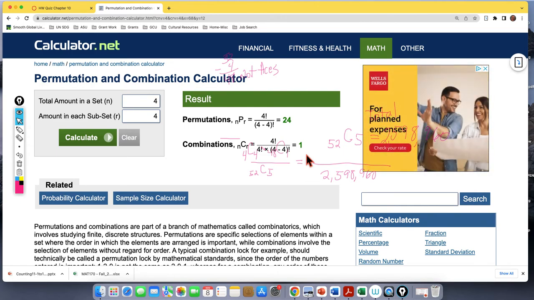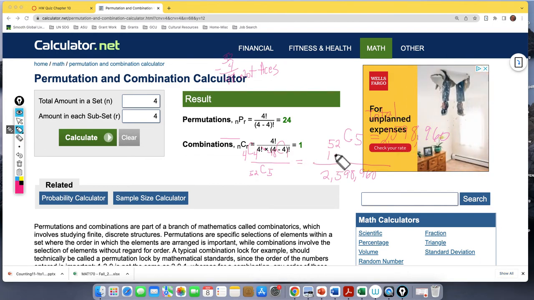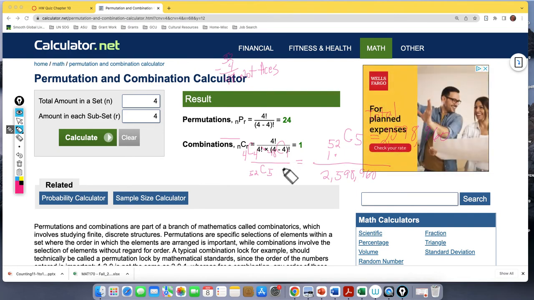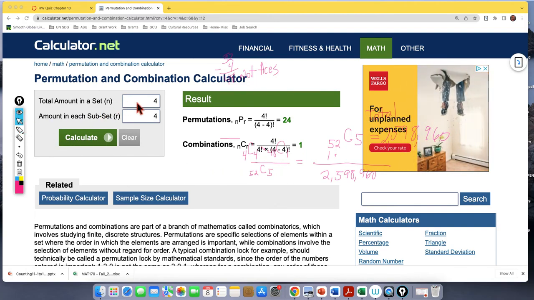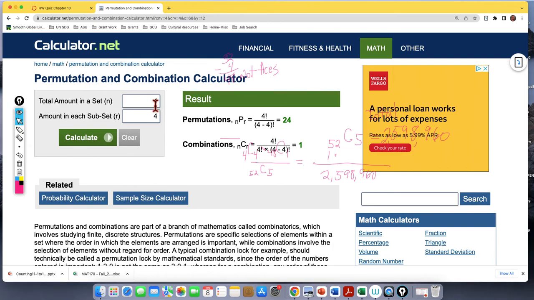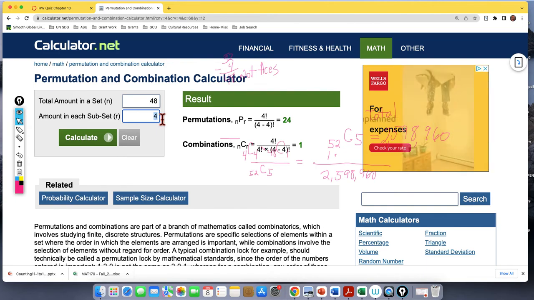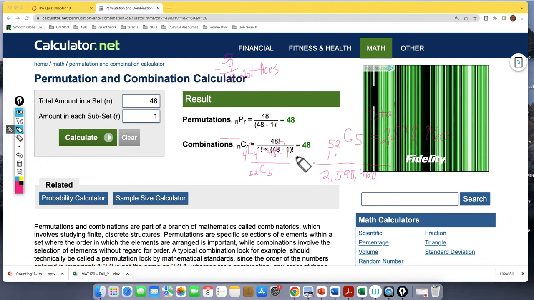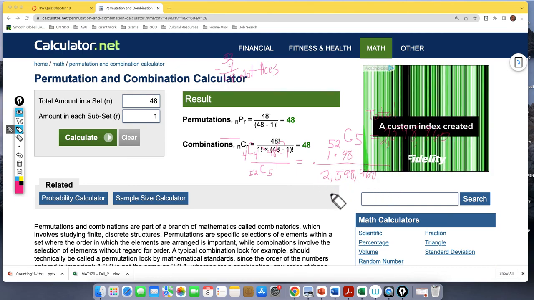So that's kind of cool. In the numerator, we're going to have 1. Now 48 choose 1. Can you guess how many that's going to be? You've got 48 things and you can only choose 1 of them. There's actually 48 ways for that to happen. So 1 times 48 in the numerator, and then we divide by 2.5 million.